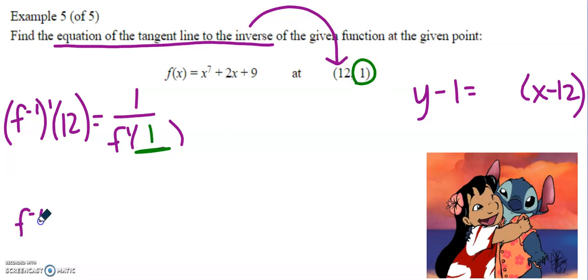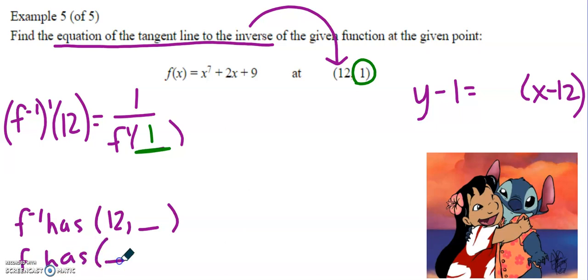You can write f inverse has 12, comma, mystery, and f has mystery, comma, 12, and you could do the whole process, but they were nice. We don't need a buddy. They already tell us what our output is there. Well, my last challenge then becomes finding f prime of 1.